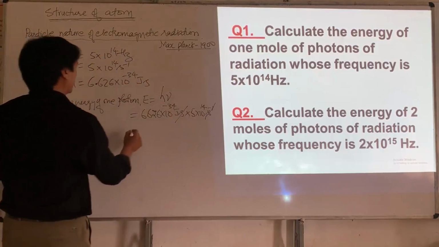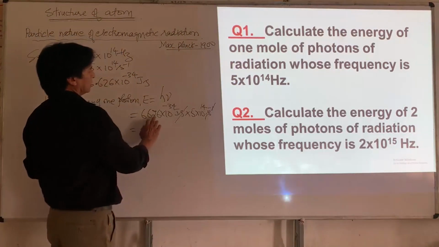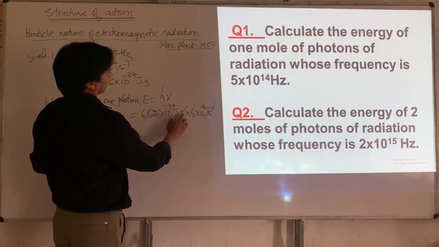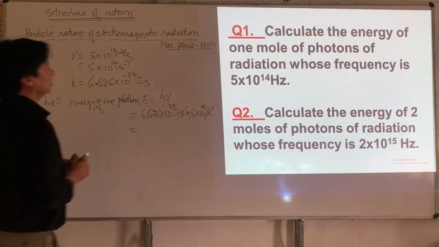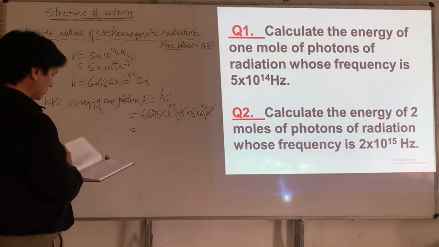Now finally you are left with 6.626 × 10^-34 × 5. When you multiply these two, I'll just write the answer straight away. Don't want to waste time, you can do these calculations yourself.